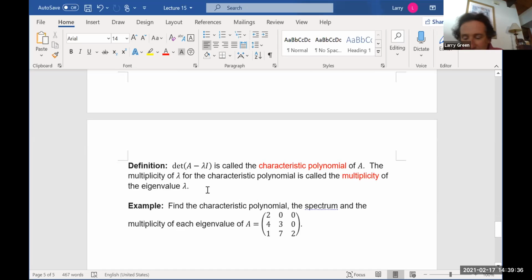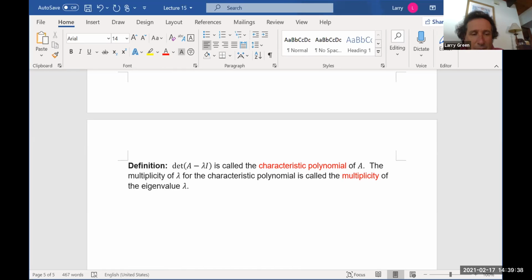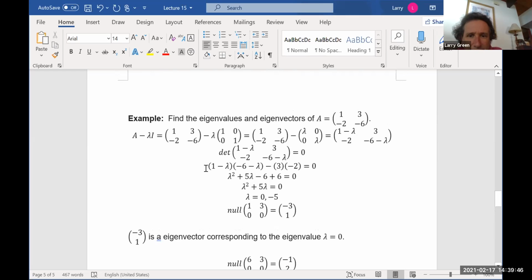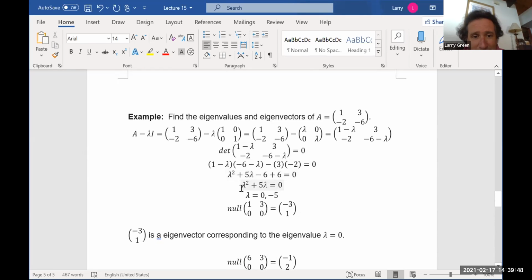Okay, definition. And this is important. So if you take the determinant of A minus lambda I, notice I did that in my example. I took the determinant of A minus lambda I, and I got lambda squared plus 5 lambda. And you see I got a polynomial. Okay, and by the way, this was a quadratic.